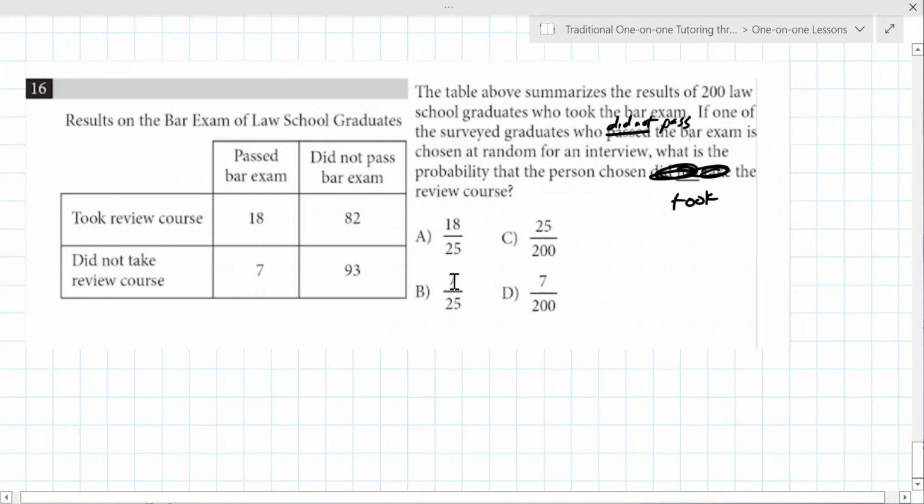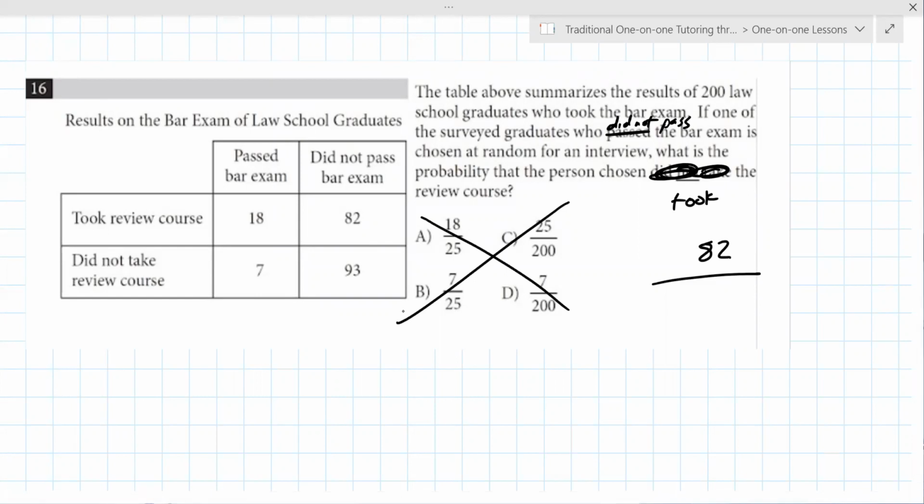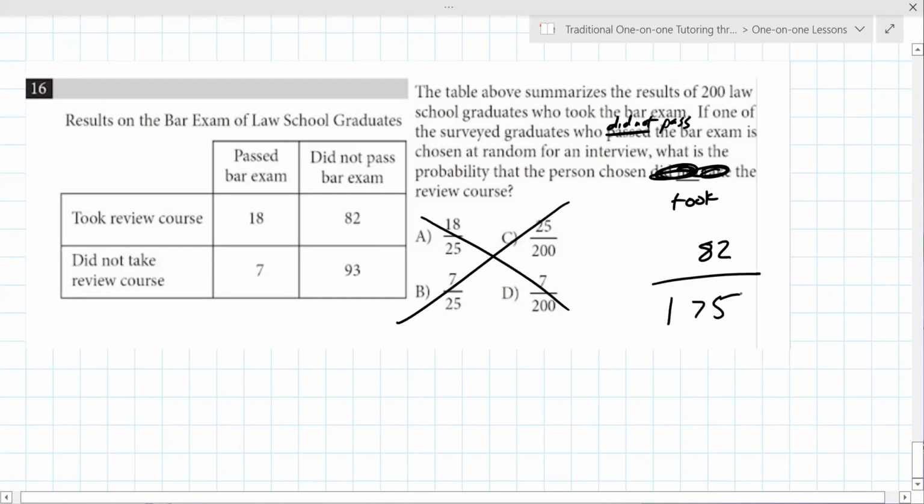So they did not pass but they took the review course. 82 out of what this time? It's none of these answers, but that's okay. 175.